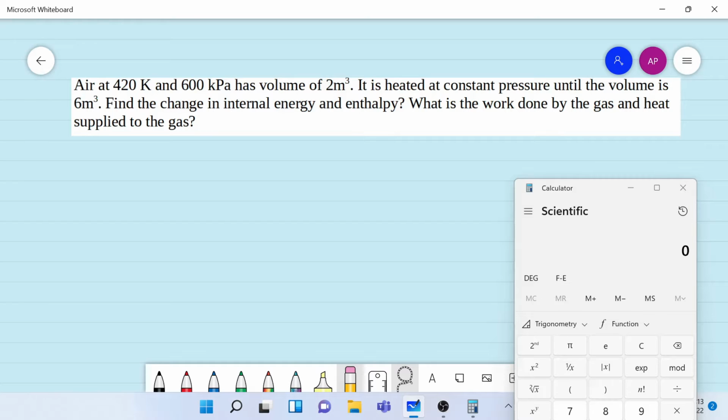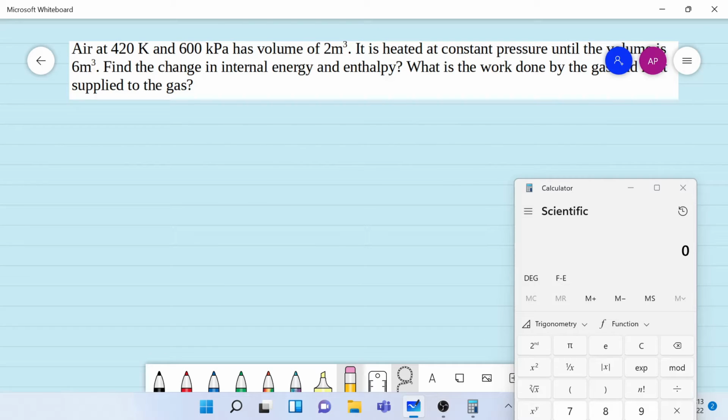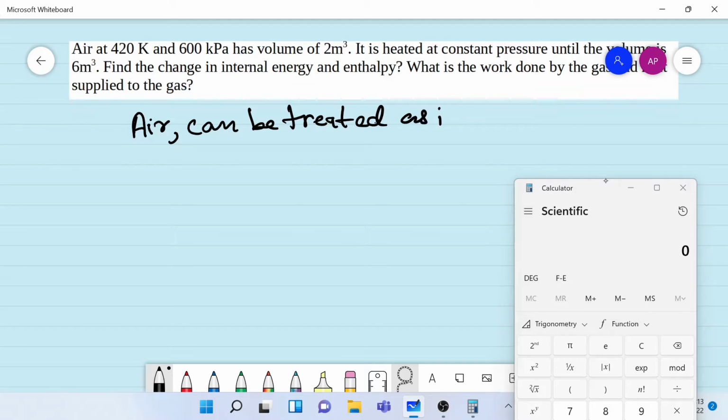Now, as you are aware, air for this problem can be treated as an ideal gas. For an ideal gas, we know that PV is equal to nRT.